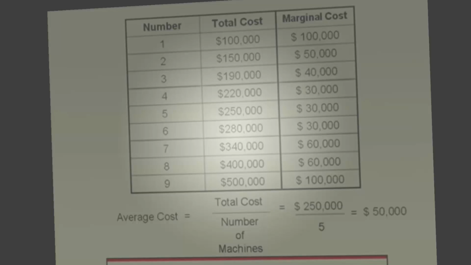Now, let's do the most important, which is part D. At what level do we maximize profit? If you're the boss, how many machines would you recommend they make? Let's put in a diagram for marginal revenue, then marginal cost.